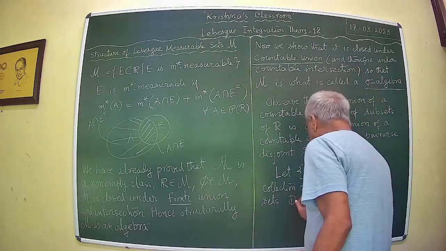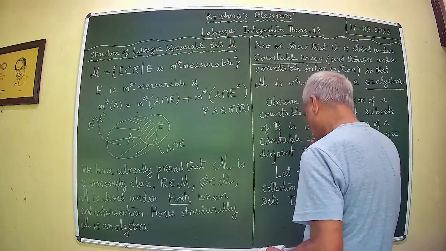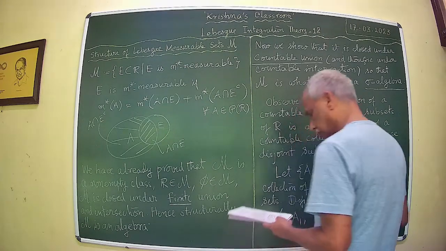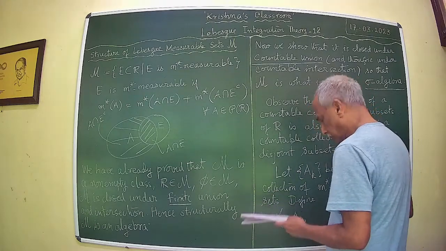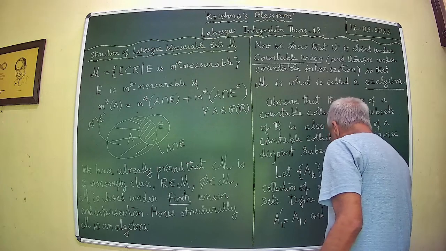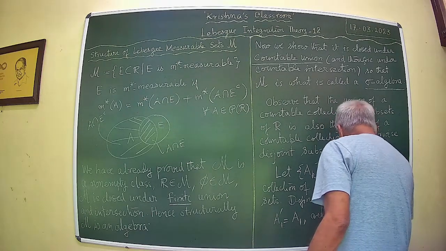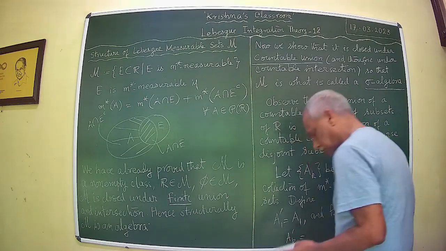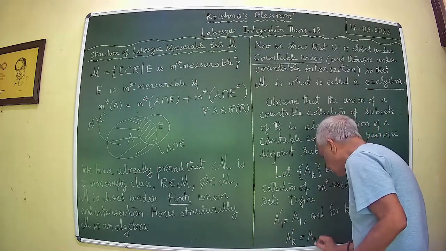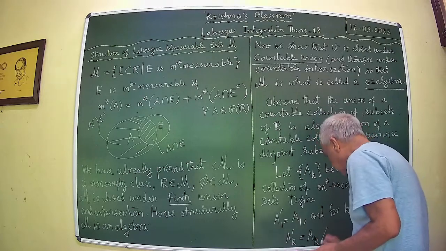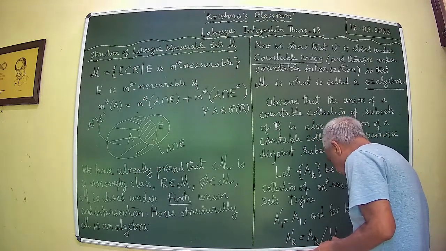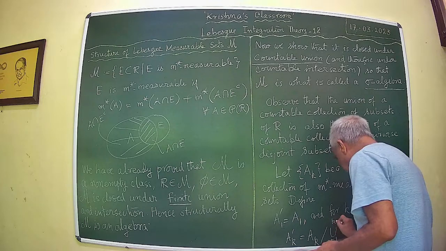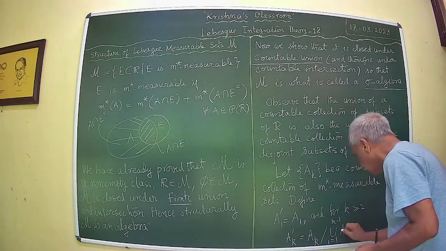Now define A1 prime equal to A1, and for k greater than or equal to 2, AK prime equal to AK minus the union over I equal to 1 to k minus 1 of AI.